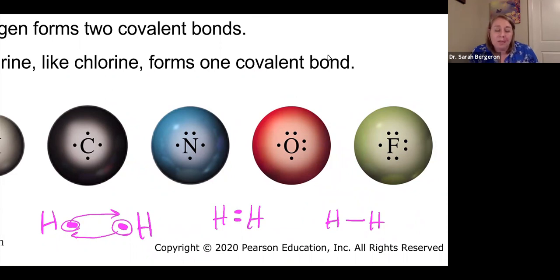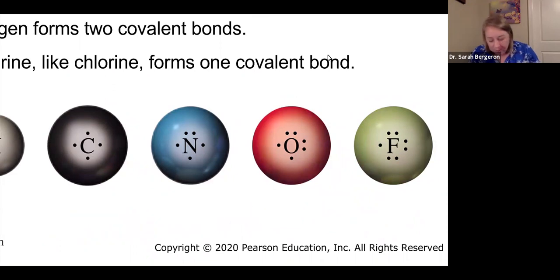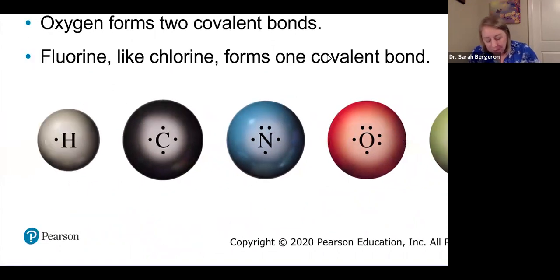All the other elements are going to want to form 8. So let's look at another example. Let's look at, for example, oxygen. So oxygen has 1, 2, 3, 4, and I shouldn't put it on that side, but okay, 6, right? 1, 2, 3, 4, 5, 6. So what's oxygen going to do?